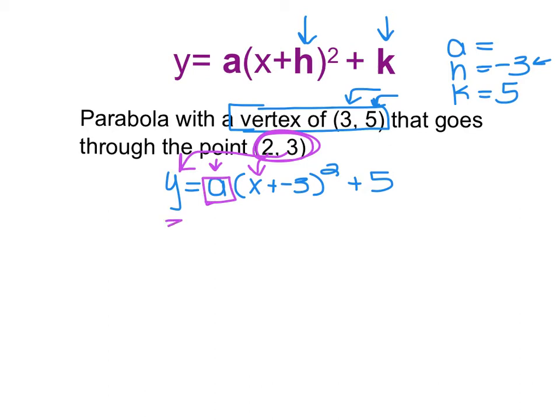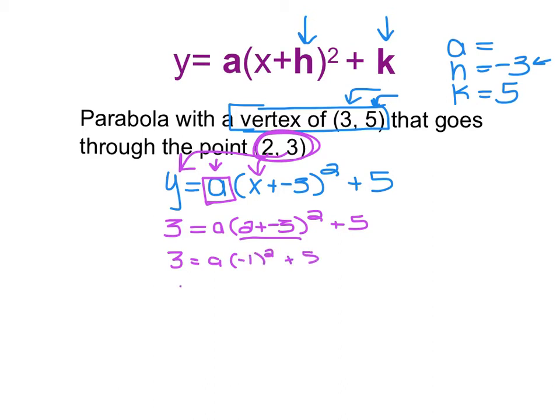So here if we substitute this in, we have 3 is equal to A, which is staying the same, times (2 plus -3) squared, plus 5. Now if I start to simplify this a little bit, I can simplify the parentheses here. So this would become A times -1 squared.